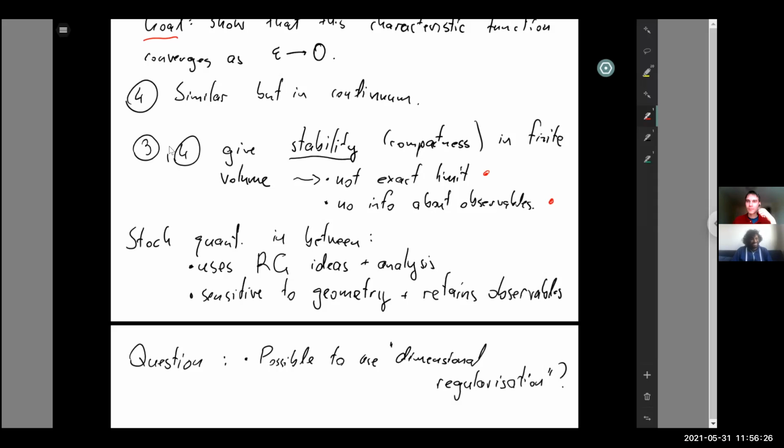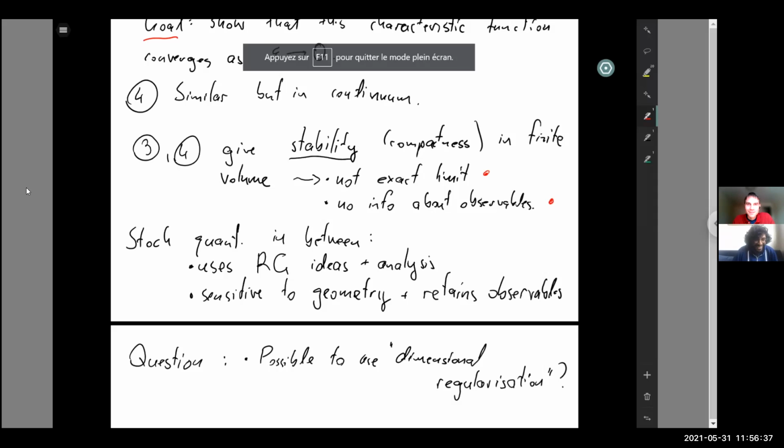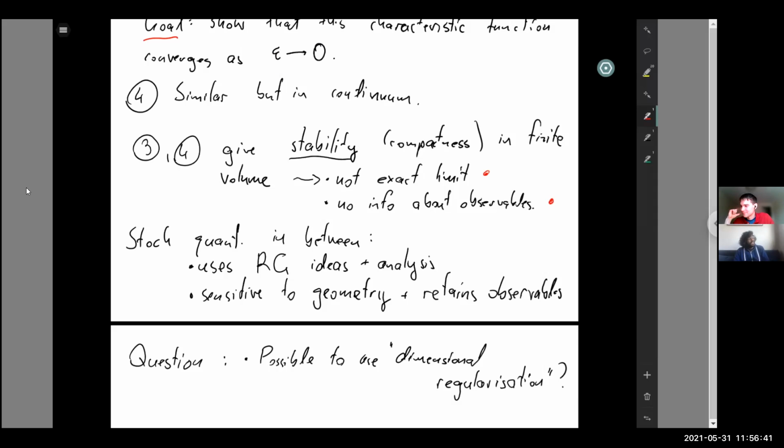Oh yeah, thanks for that nice overview of a pretty difficult but beautiful program to understand these models. Yeah, so dimensional regularization. I would say that my sense is that we have to understand phi-4 first.